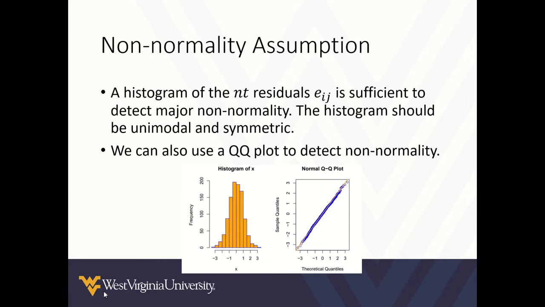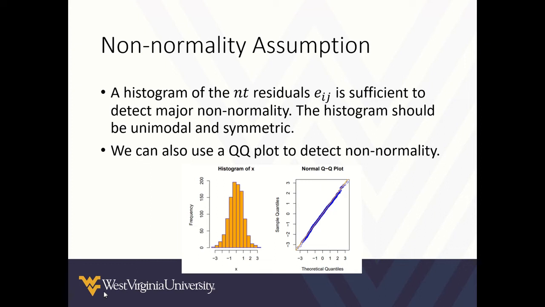As we've checked off our understanding of our first assumption, let's take a look at the second one, which is the normality assumption. There are two ways we can really check normality. One is to look at a histogram of the residuals, eij, which is sufficient to detect major non-normality. Ideally, the histogram should be unimodal and symmetric, and we can also use the QQ plot, which we have talked about in previous lectures.